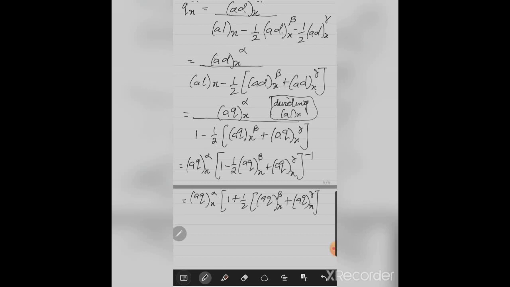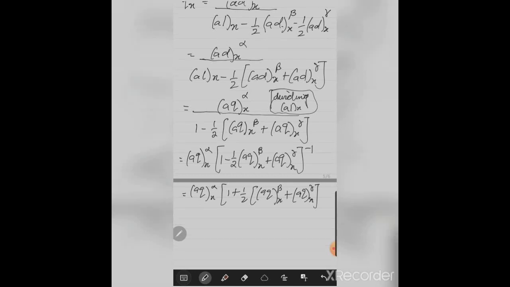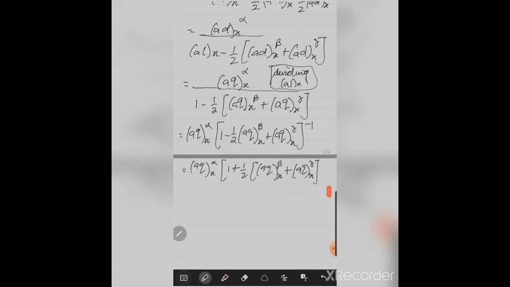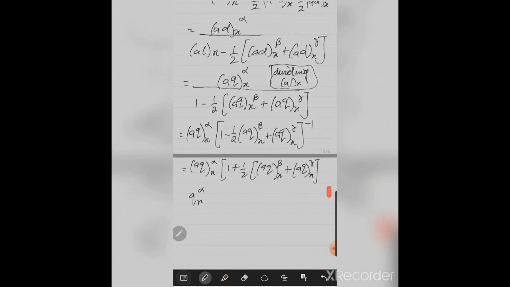So we get Qx to the power alpha. If I really wanted Qx to the power alpha, I have already got it. If I divide it by ALX, it becomes AQx to the power alpha divided by 1 minus half AQx to the power beta.